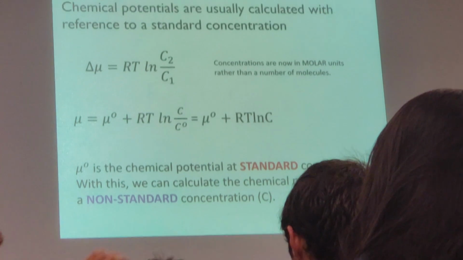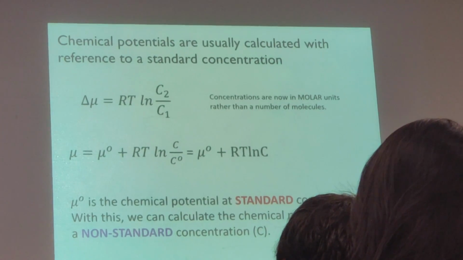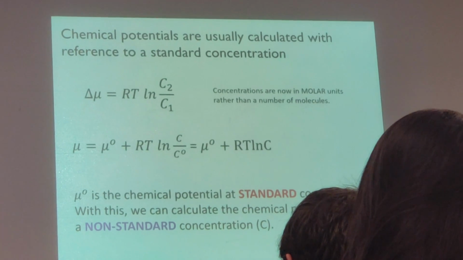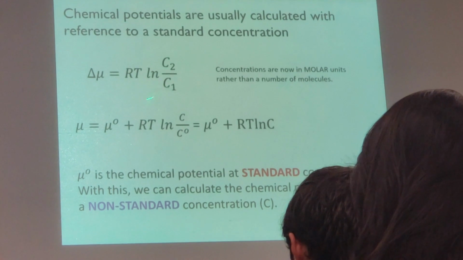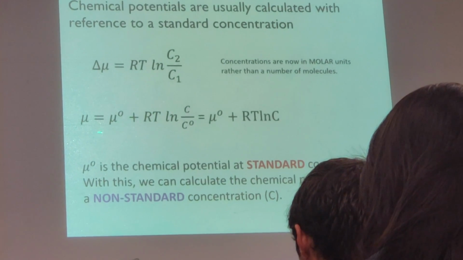Chemical potentials are usually calibrated with some reference standard concentration. If I want to do that, that's just C2 over C1, and then very often I will have a standard potential.